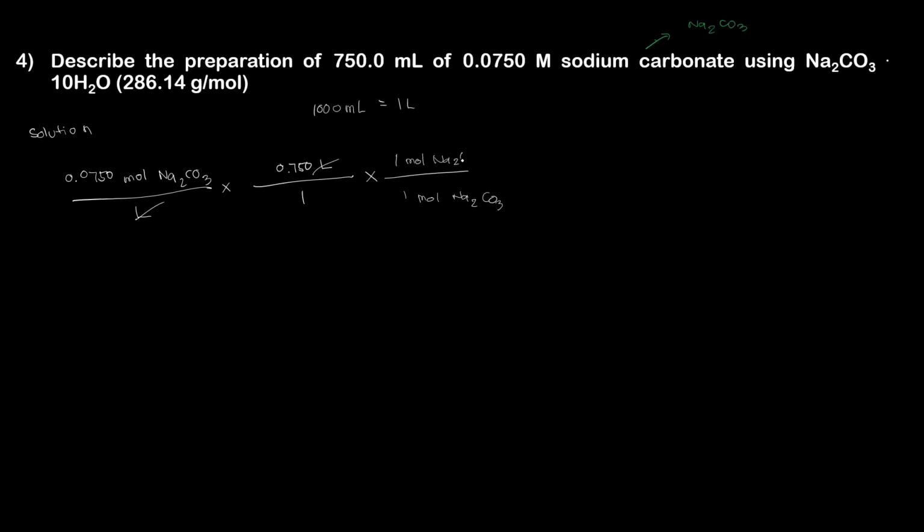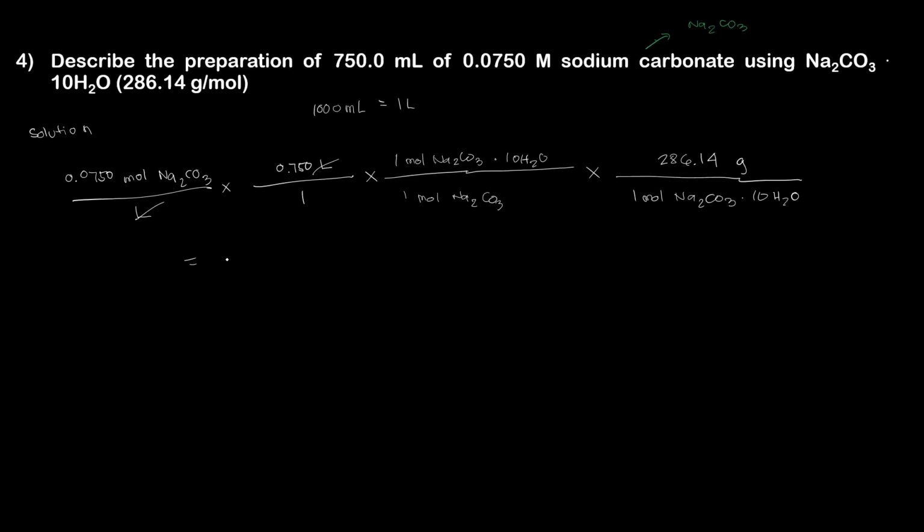So 1 mole of sodium carbonate is still 1 mole of the hydrated salt form, Na2CO3·10H2O. Then 1 mole of the hydrated salt form has a molar mass of 286.14 grams per mole.